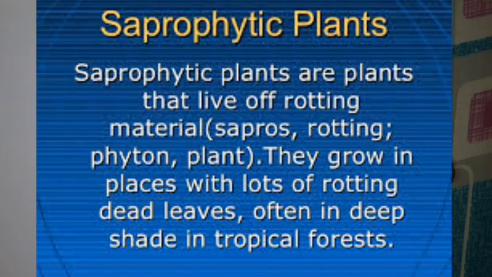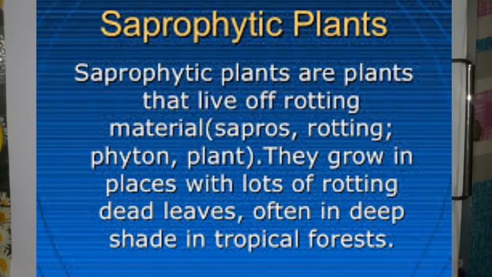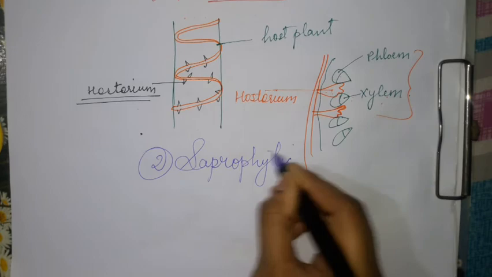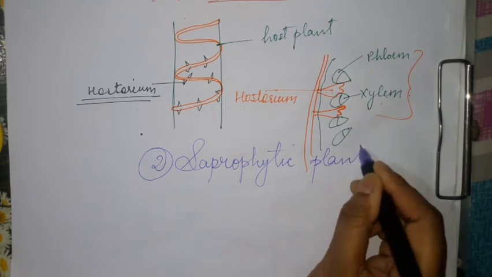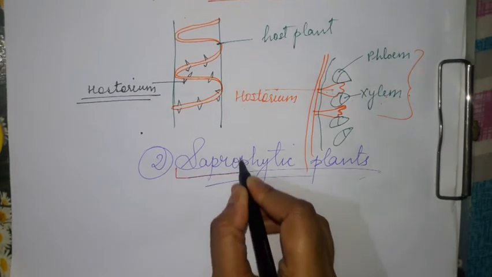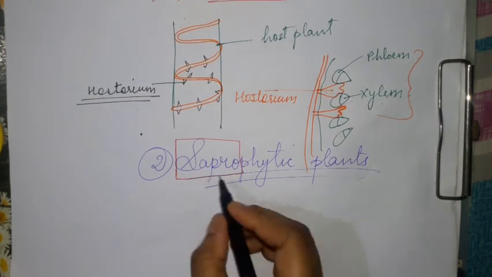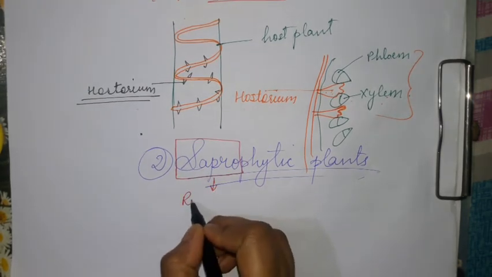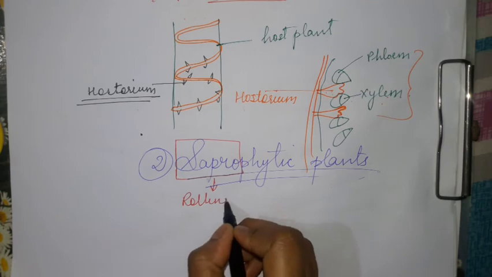Now let us study about saprophytic plants. The word itself says sapros means rotten or rotting.